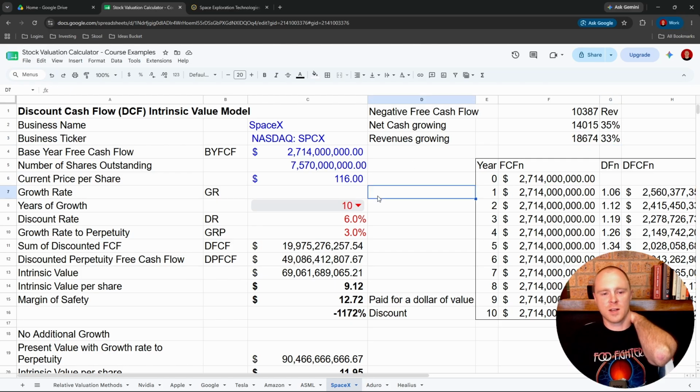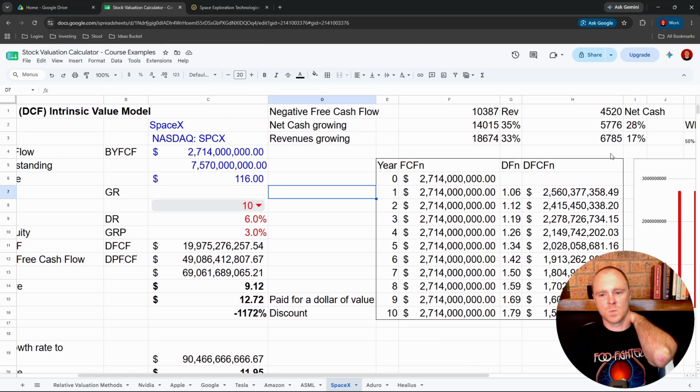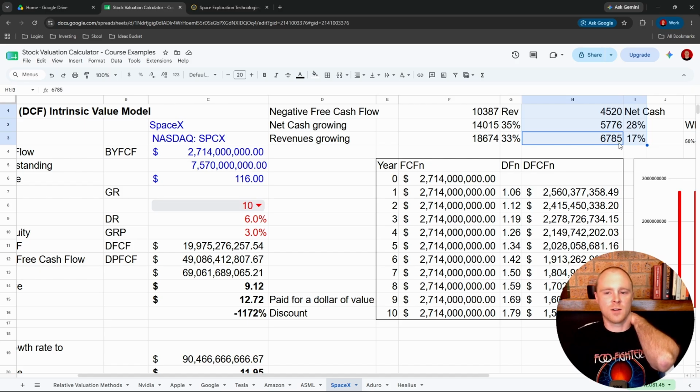Now, what's the starting value for these going to be? We've got net cash, and then we've got revenue growth. So over time, that revenue will come down and hit the bottom line. But at this stage, because we're talking about cash and cash flow, I'm going to be picking out a kind of reasonable number for that.